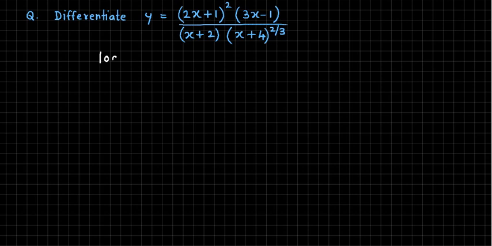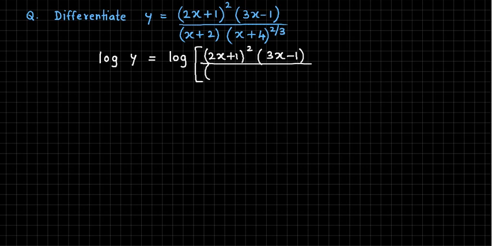So if you take the log of y, then that is equal to log of 2x plus 1 whole squared into 3x minus 1, divided by x plus 2 into x plus 4 whole raised to 2 by 3.